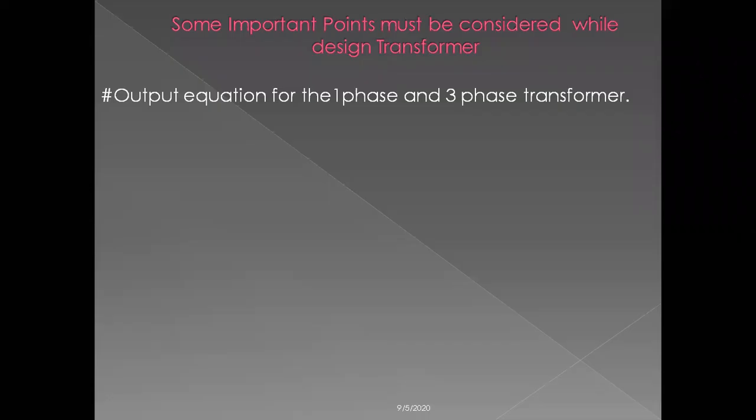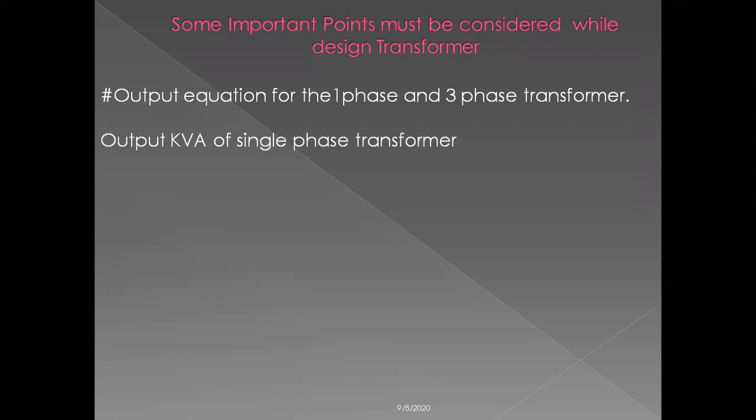Whenever you start proceeding to the design, you require a certain track or guideline on which you can start your work. That guideline for designing a transformer is basically the output equation, for a single phase transformer and a 3-phase transformer.